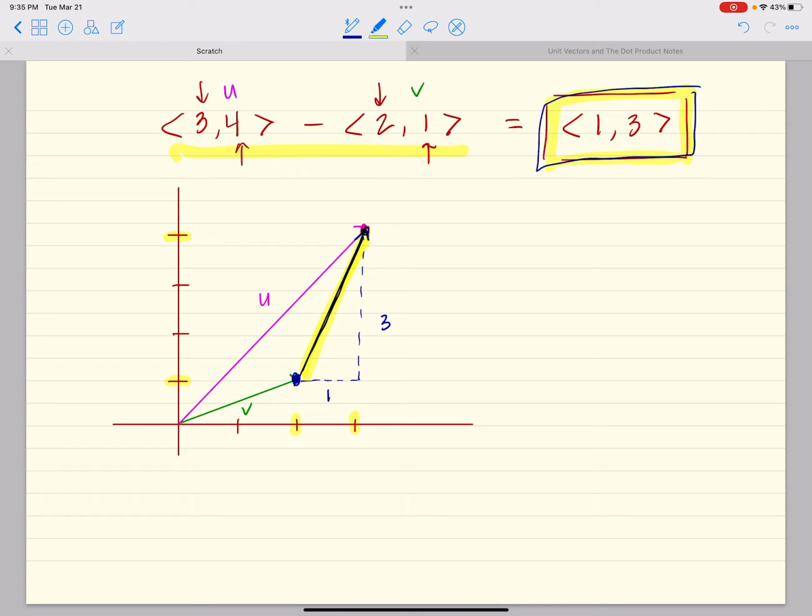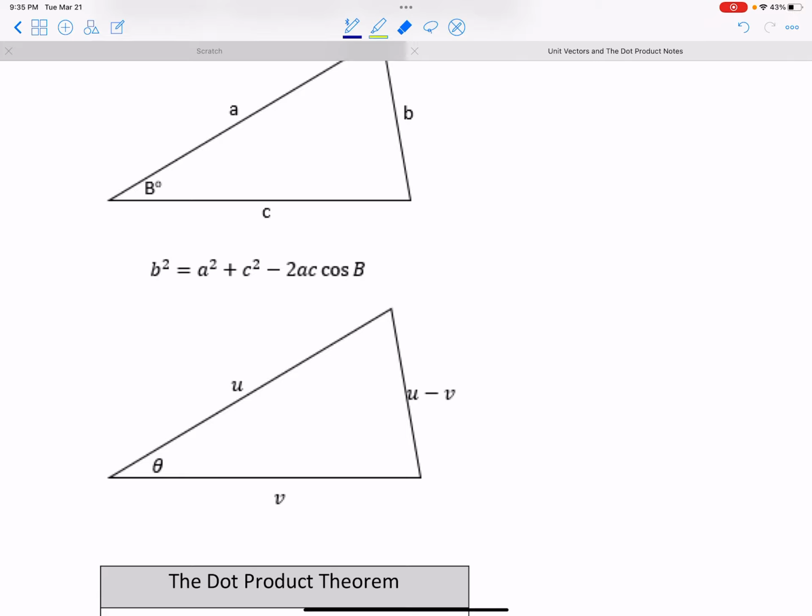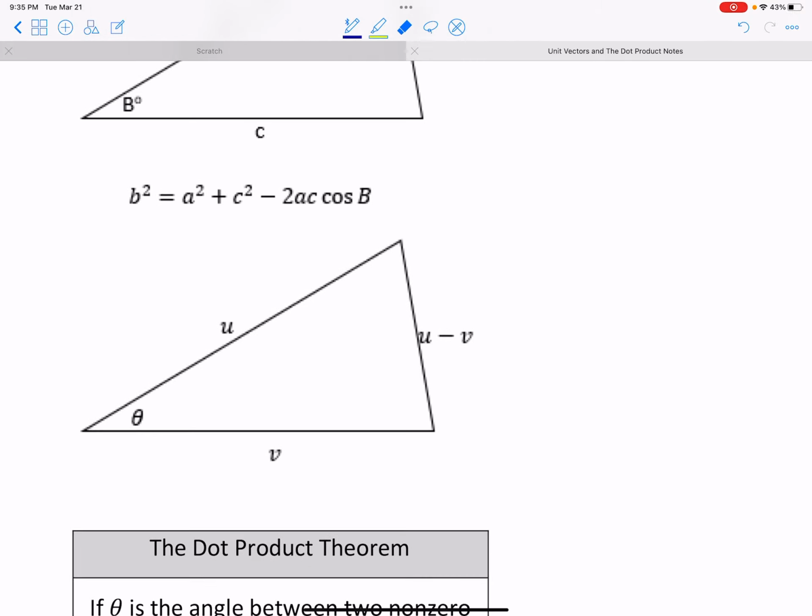Okay? So now that that's hopefully a little more clear, what I want to do is basically plug all this information into my law of cosines. So I'm going to replace my side lengths a, b, and c with now magnitudes of vectors u, v, and u minus v, and replace my angle b with my direction angle theta. Okay?